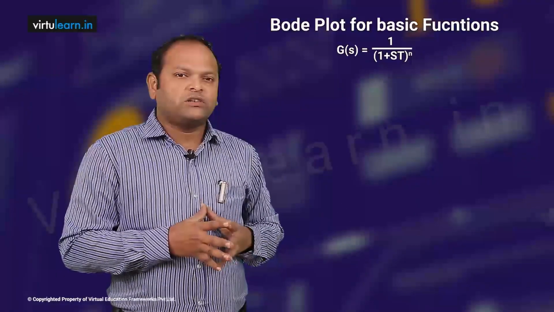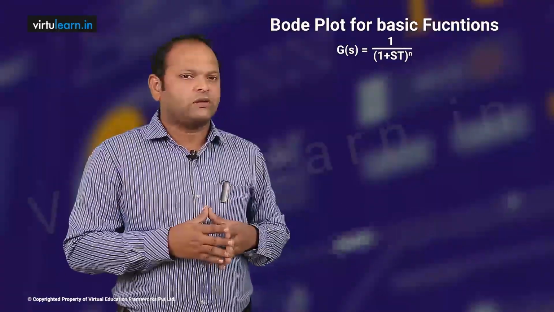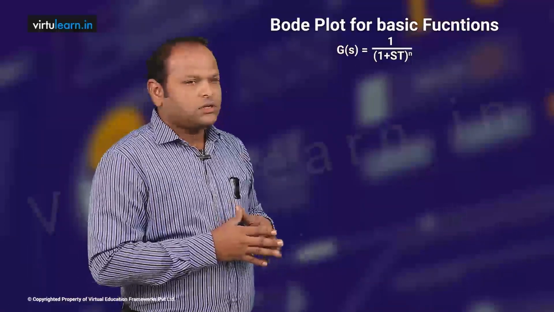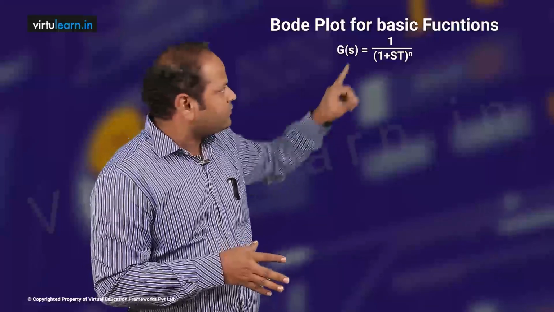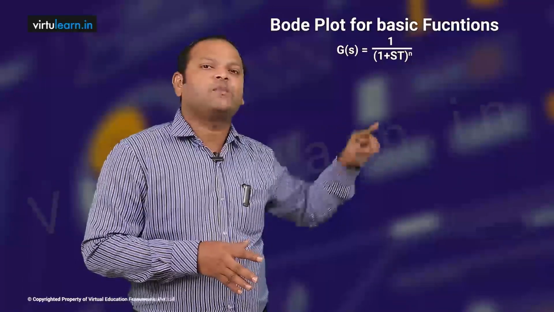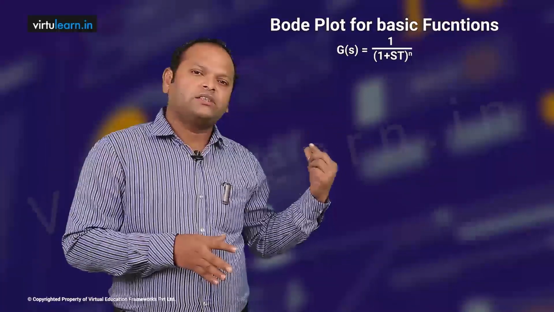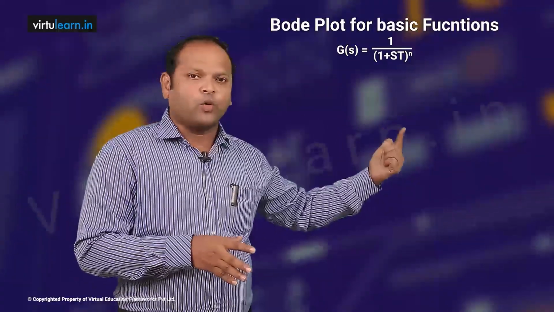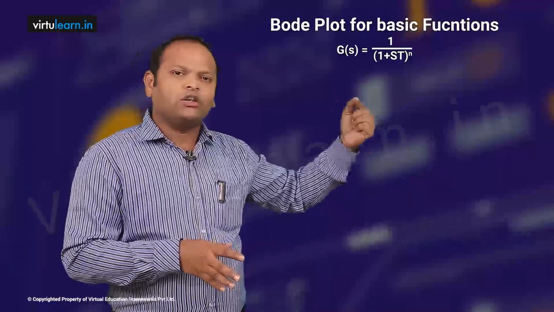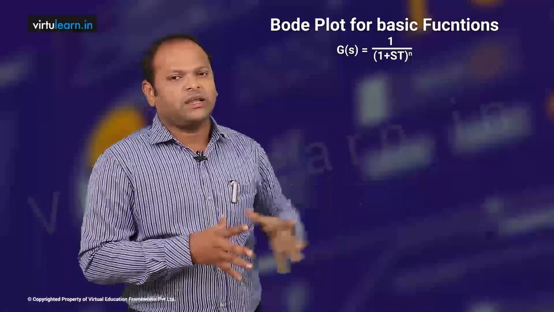If you have the time constant form, we can easily draw the magnitude and phase angle plots. So in the time constant form, my finite pole is like this, 1 by (1 plus sT) power n. At omega equal to 1 by T, minus 1 by T, there are n number of poles. So n can be anything, 1, 2, 3, 4. So in general it is n.